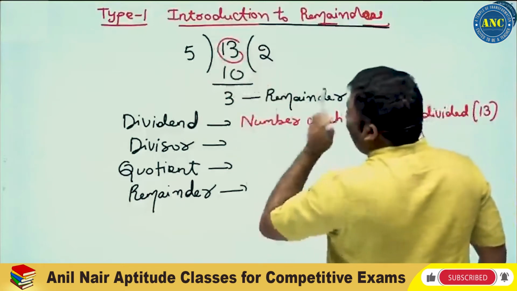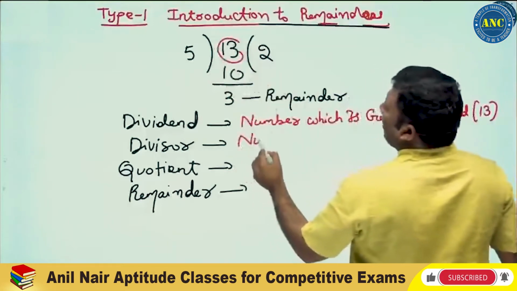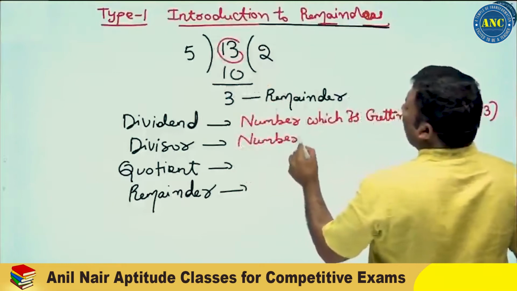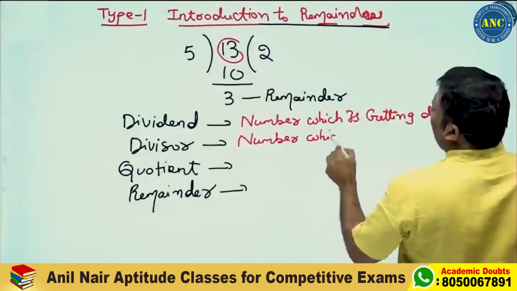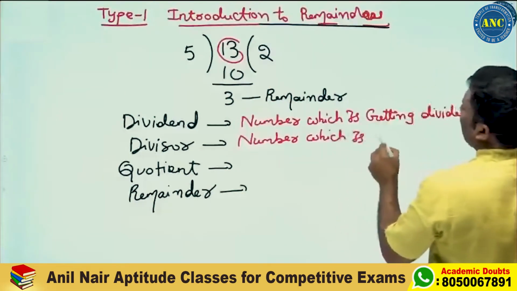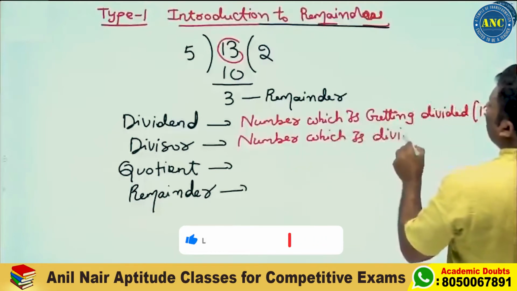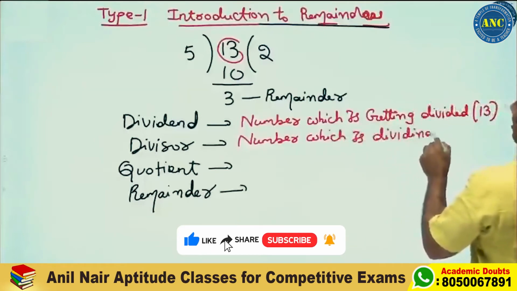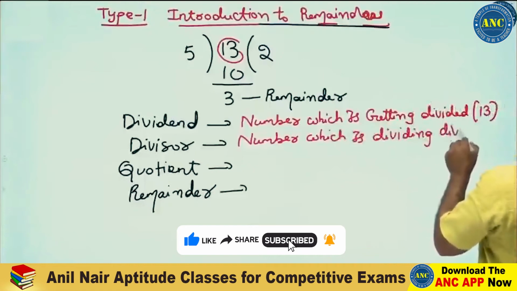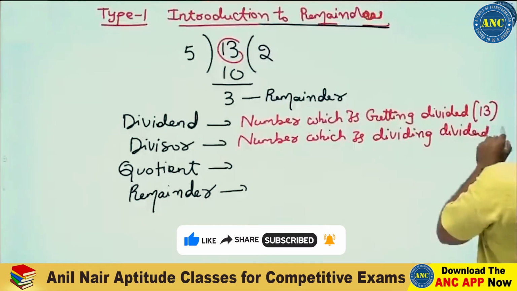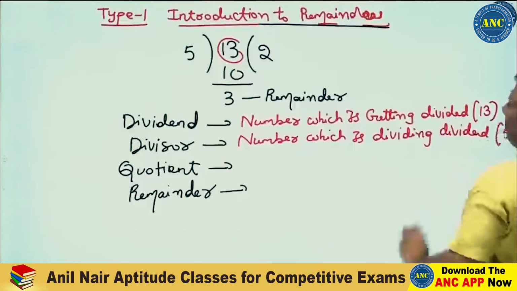What do you mean by divisor? Divisor is the number which is dividing the dividend, which is nothing but 5.